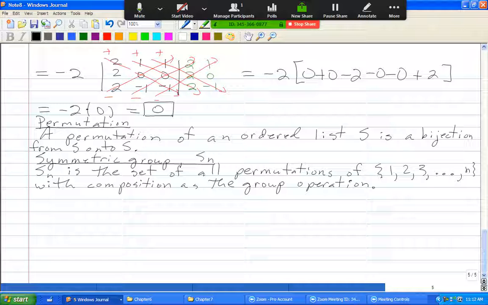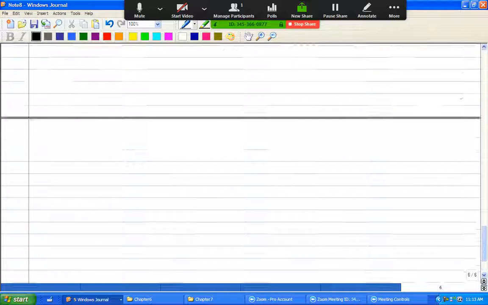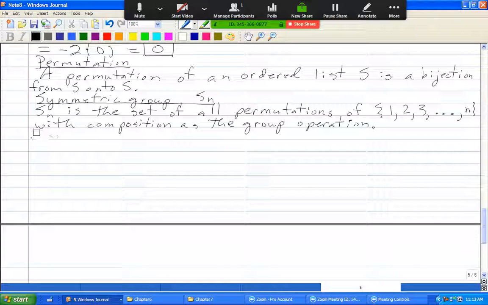And inversion, so let pi be a permutation.